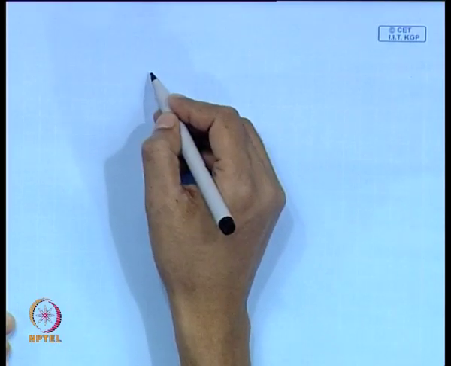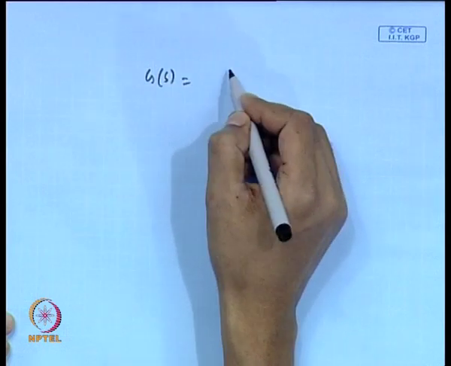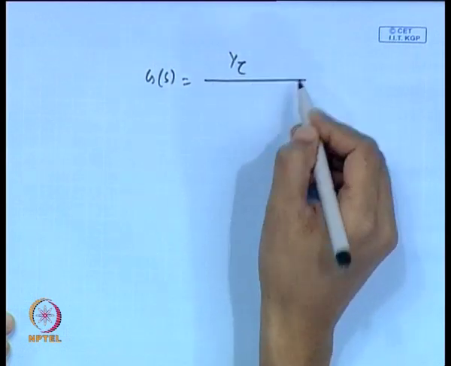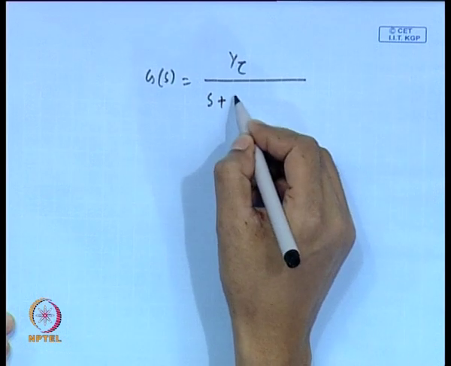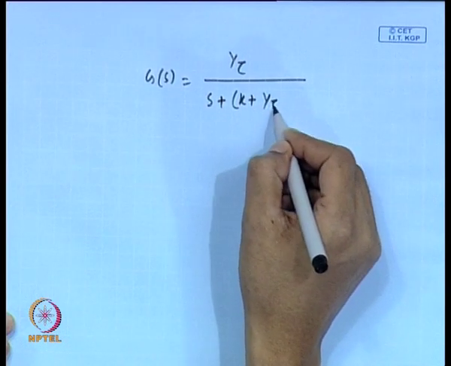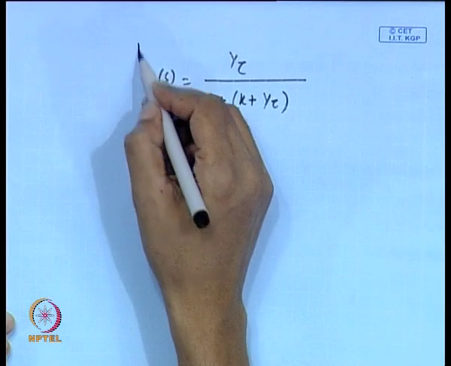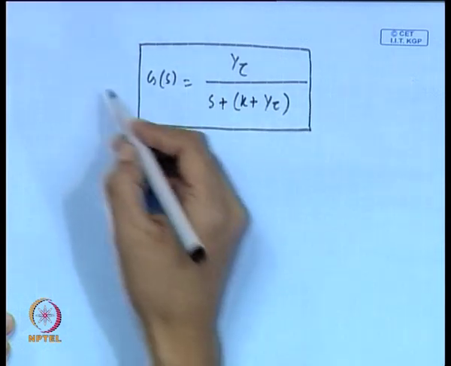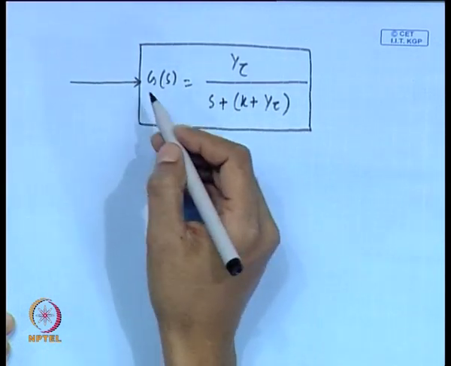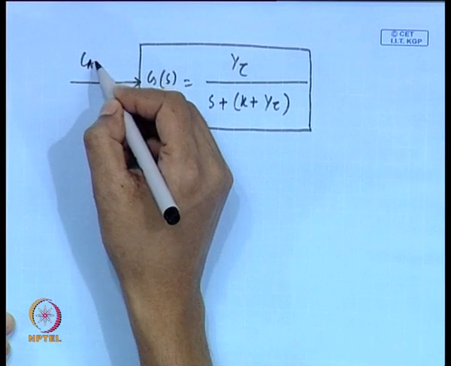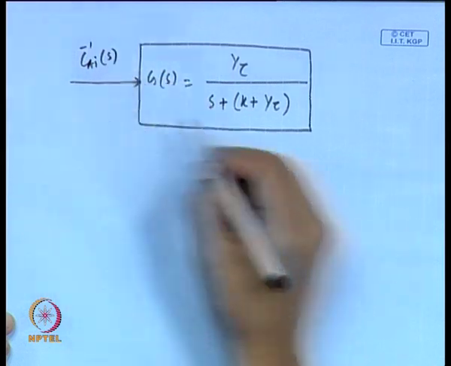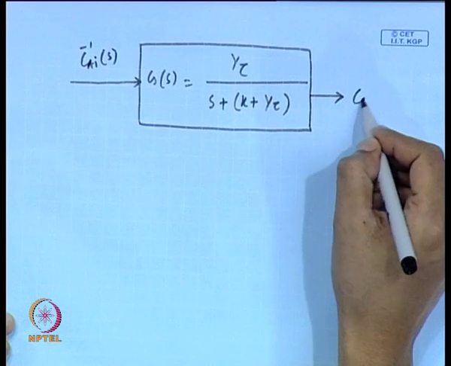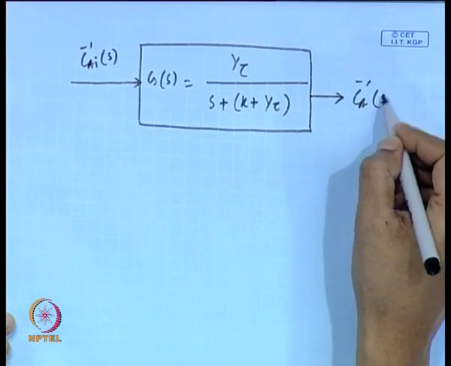Now, the block diagram is quite straightforward. We can directly write G(s) equal to (1 by tau) divided by (s plus K plus 1 by tau). Input is CAi bar(s), output is CA bar prime(s).